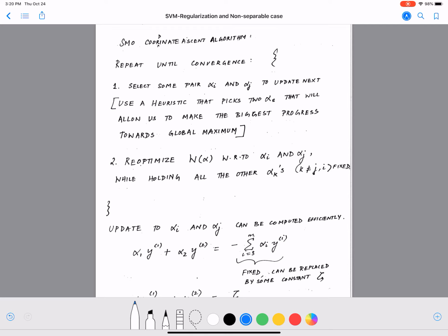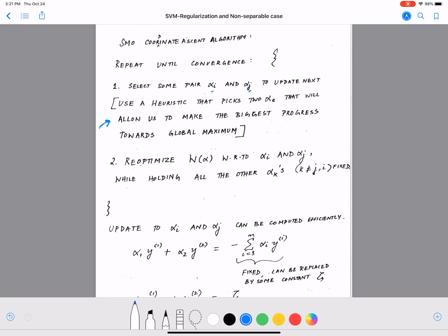which is called the SMO coordinate ascent algorithm. Now we repeat until convergence: select some pair of alphas, alpha i and alpha j, to update. This is the high-level version of the algorithm, the simplest detail that will allow you to understand the general algorithm without going into too many specifics.